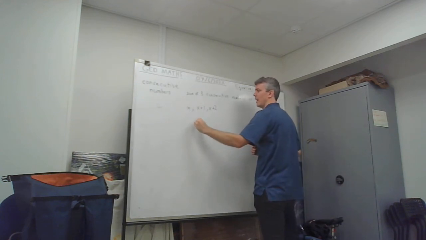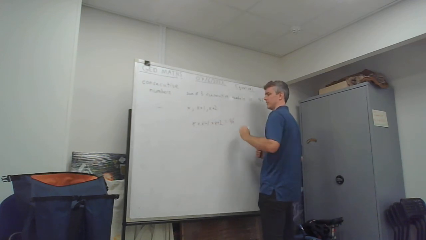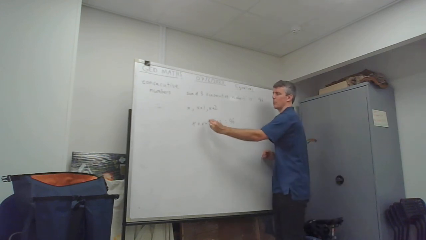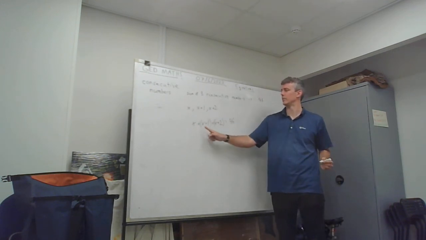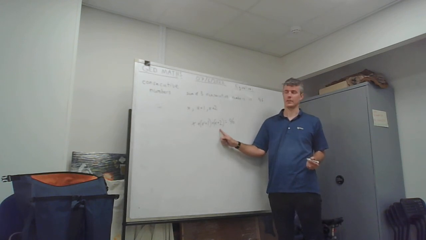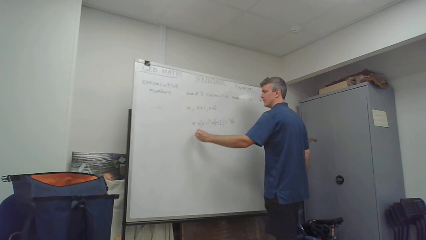That means x plus x plus 1 plus x plus 2 equals 96. If you want, you can put brackets around these, so you can see it's 3 numbers. So this becomes x plus x plus 1 plus x plus 2 equals 96.